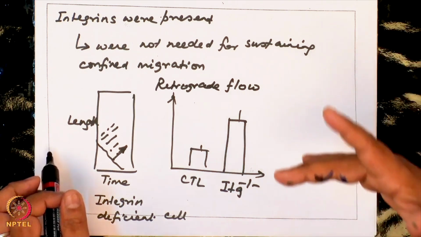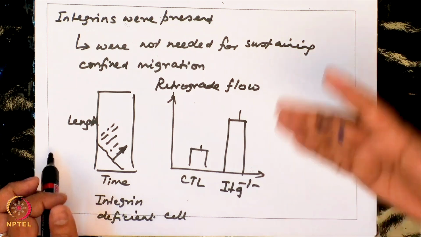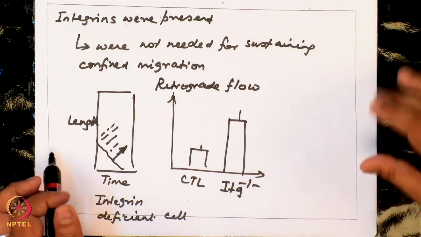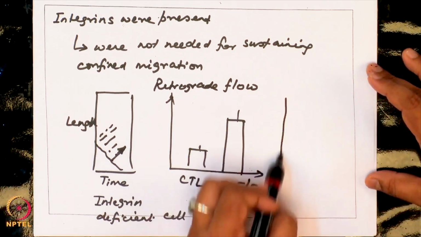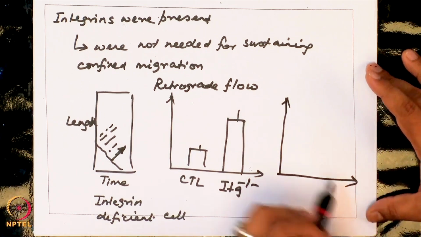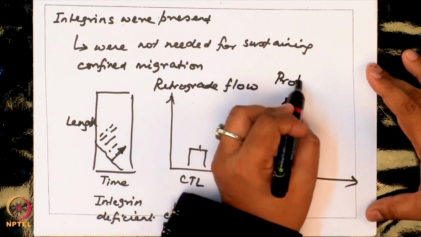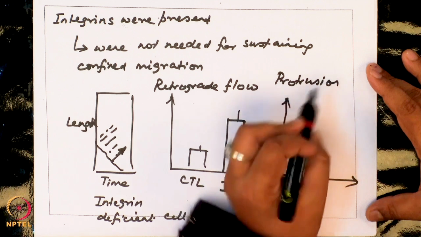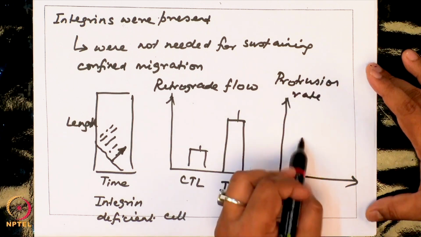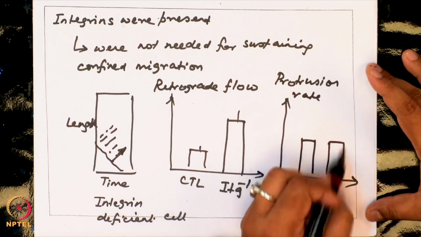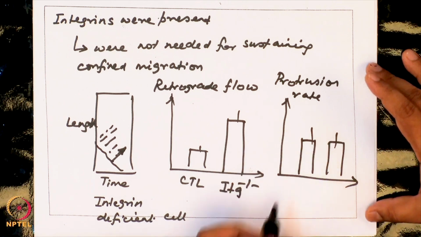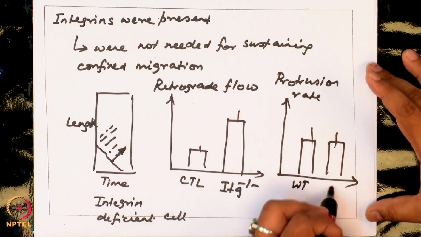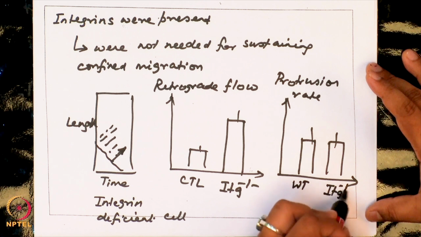So they then asked about the protrusion rate. Surprisingly, the protrusion rate between control and integrin null cells was the same. This is your wild type or control, and this is your integrin null cells.